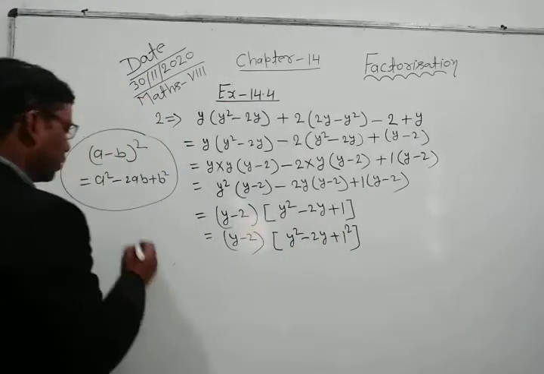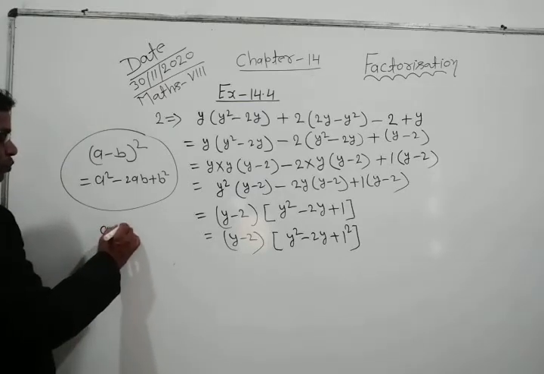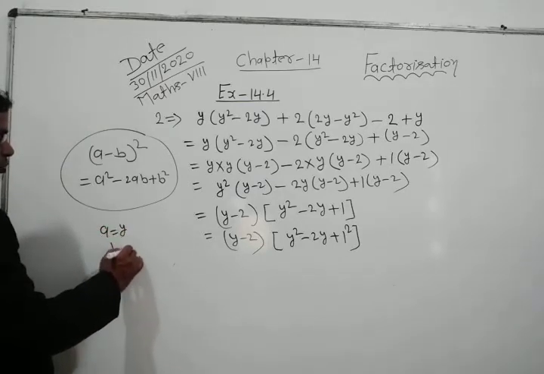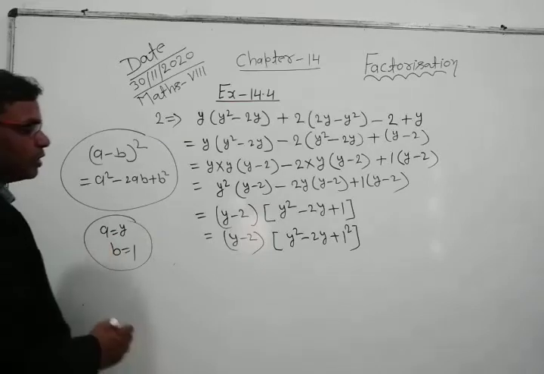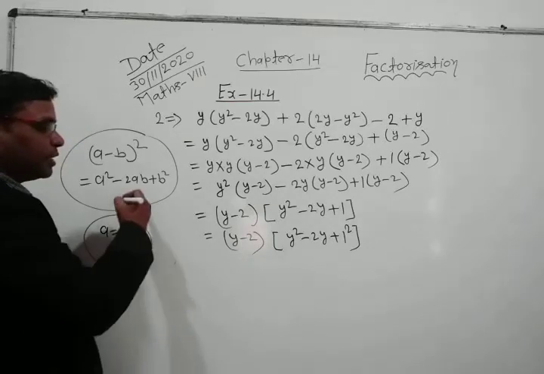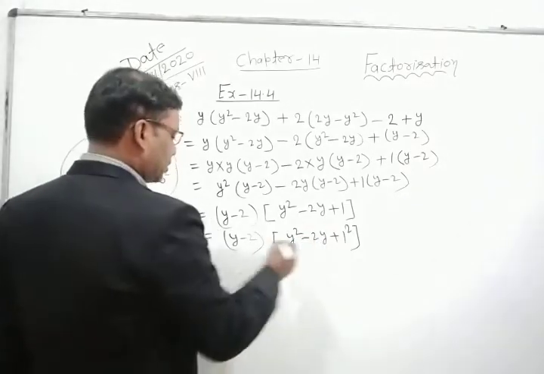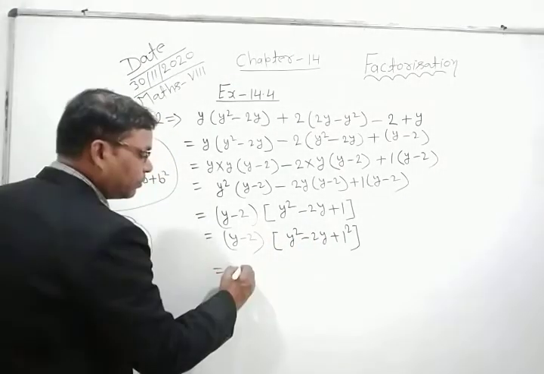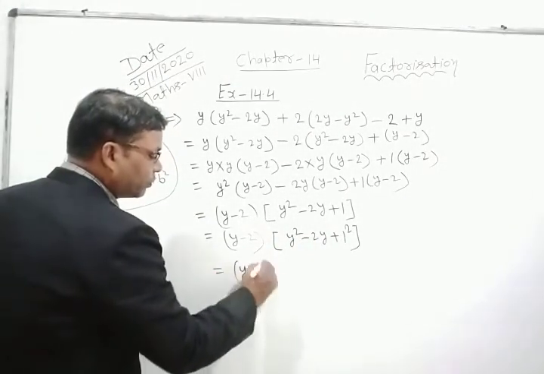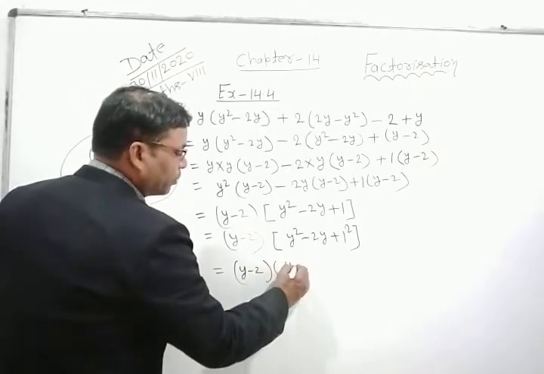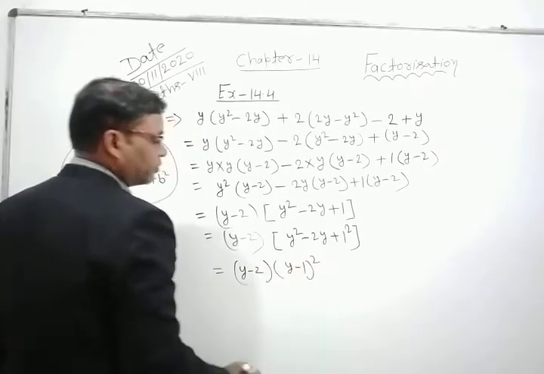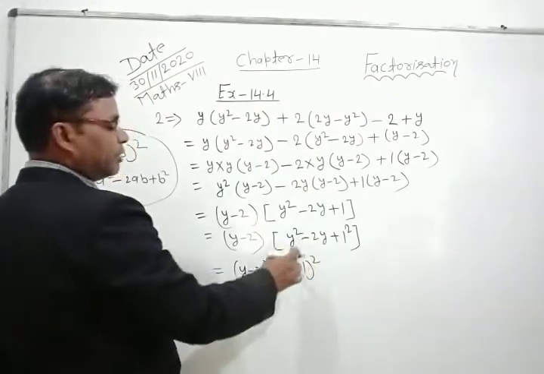Here a is equal to y, b is equal to 1. If we put these here, then it becomes the whole square of y minus 1. So here you can write y minus 2 into the whole square of y minus 1.